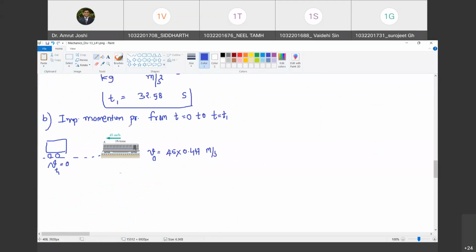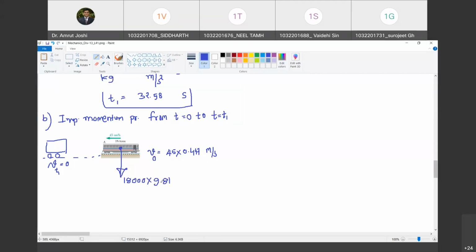Now to apply the impulse momentum principle, I have to show all the forces that are acting on this bogie. Do you agree with me? So what are the forces? The forces are 18,000 multiplied by 9.81.